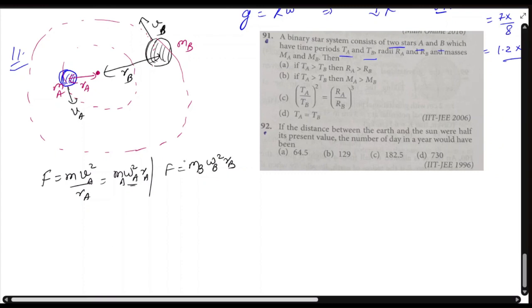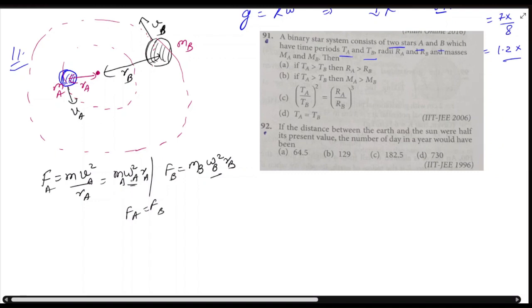Now, if we look, both are equal, right? So let's say this is FA and this is FB. So we know FA equals FB because the gravitational force on them will be mutual. So if I get some relation between them and we can find omega A, then we'll get if the time period is greater or less or what will be the relation, right?